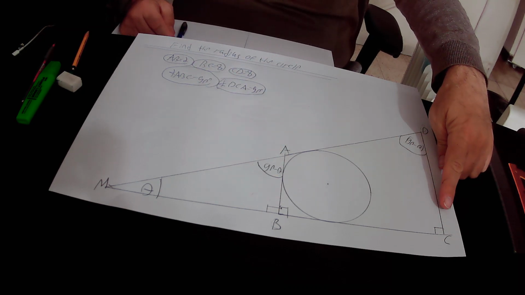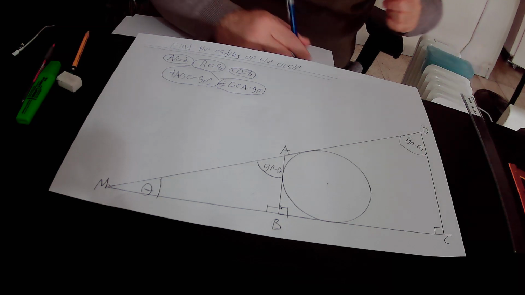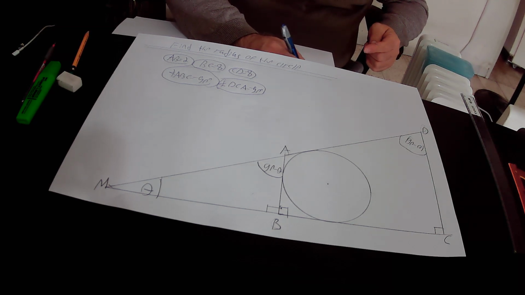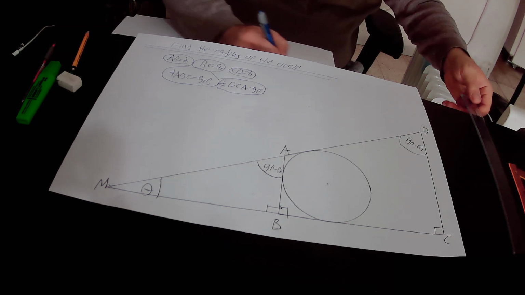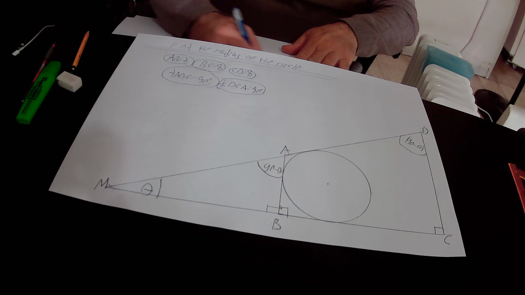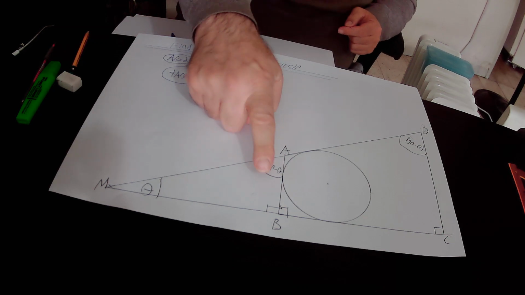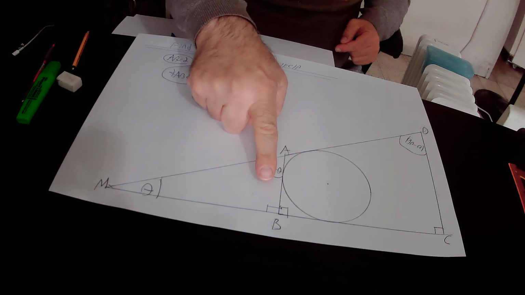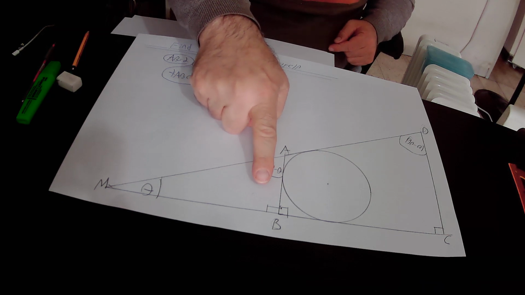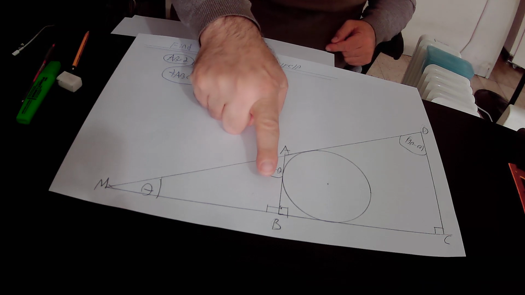This is angle DCM in the big right triangle DCM. And it equals this angle that is actually angle ABM in the right triangle MBA.